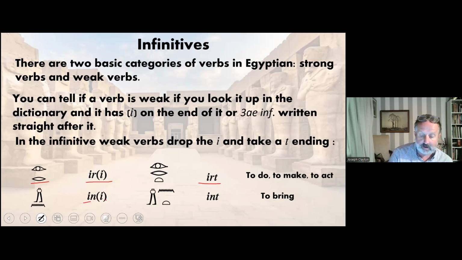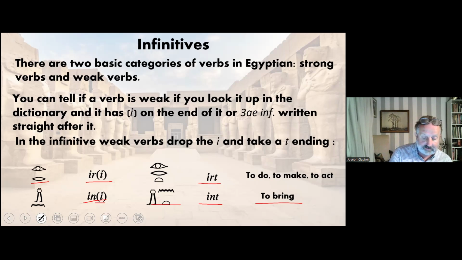Ini, look it up in the dictionary, find it's got an i on the end, so that's obviously a weak verb. So the infinitive is going to be init, to bring, or bringing. You should always put -ing on the end of things. I shouldn't really put it as to do, to make, to act, although they will put that in the dictionary, but always start with -ing when you get an infinitive or any kind of verb, really.